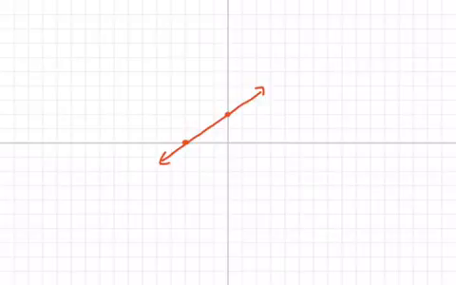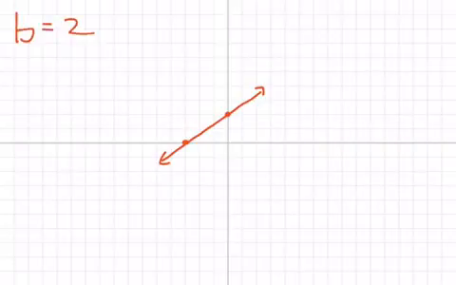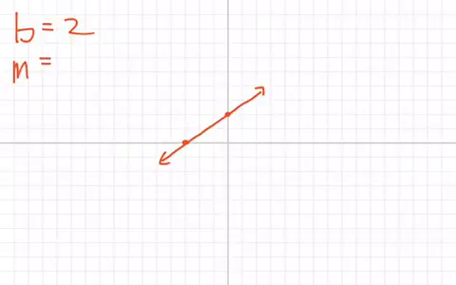So what is my y-intercept on this one? Okay, so 2 is the y-intercept. Now we have to figure out the slope. How'd you get that? Yeah, we look at this graph here. We start right here.